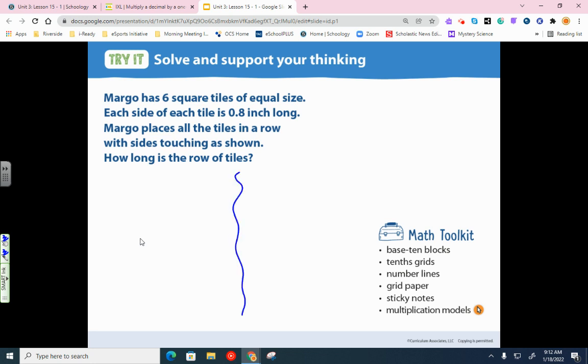So we can do this 2 ways. We can do it by adding, or we can do it by multiplying. So for this, just make sure we have 6 square tiles. We're going to do this 6 times.